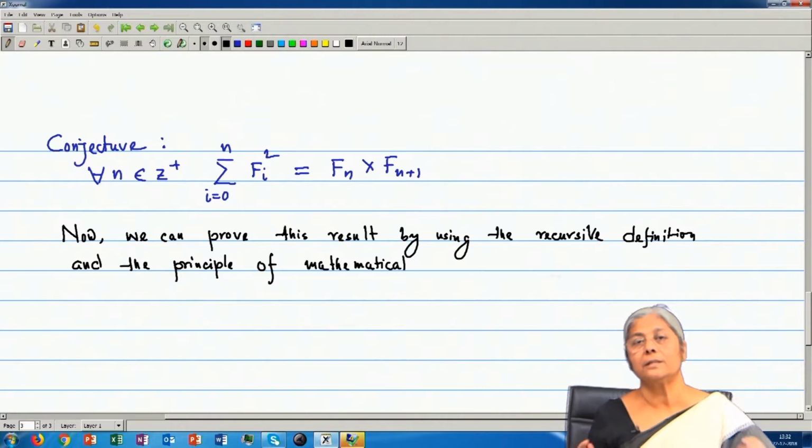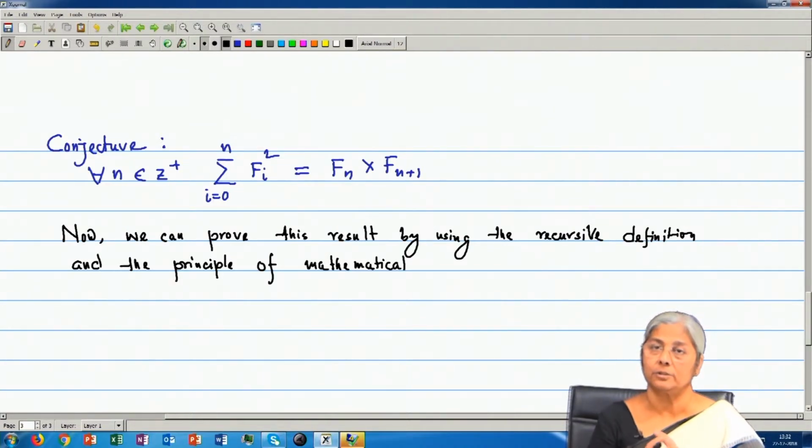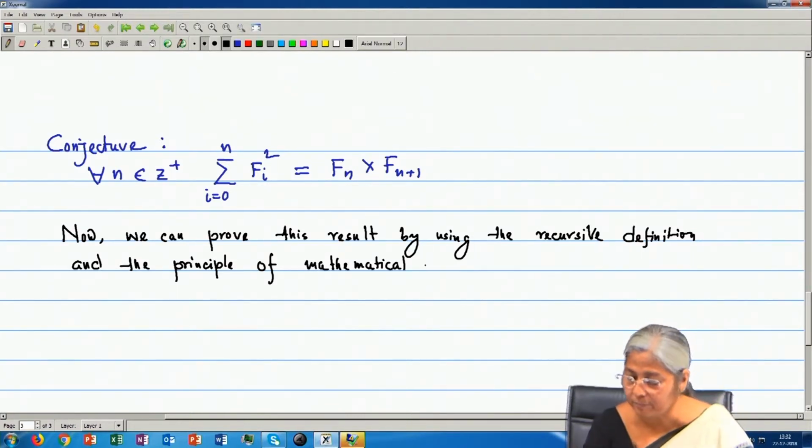As in the last lecture we described, recursive definition is closely related with mathematical induction, because the recursive rule is framed from the concept of mathematical induction.